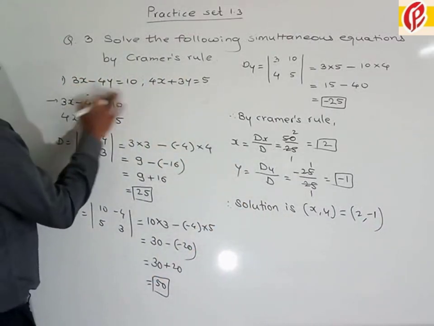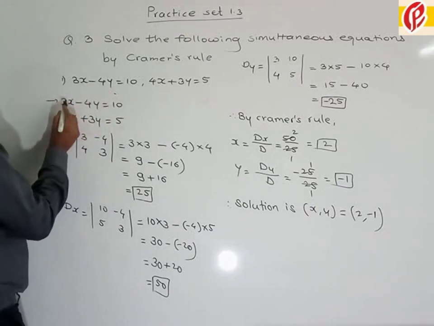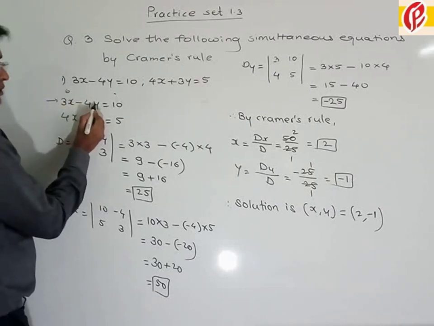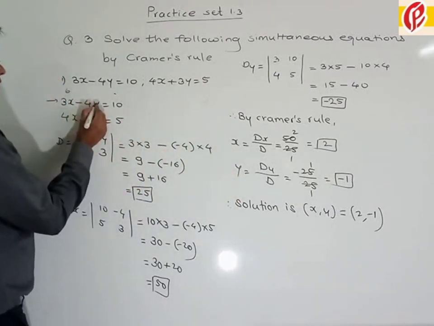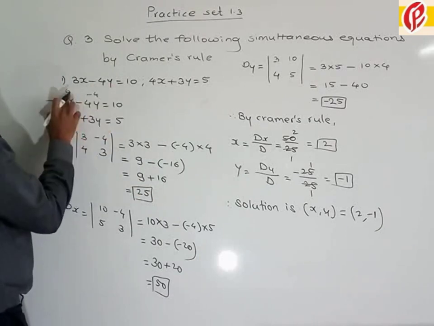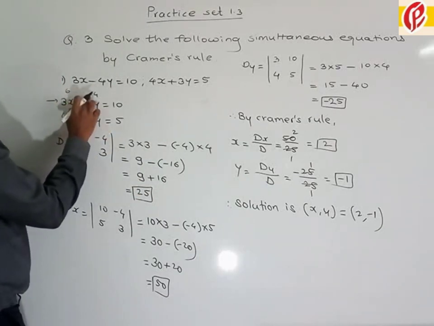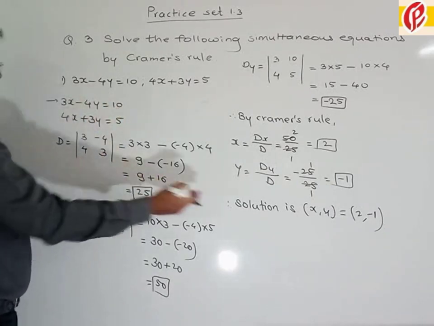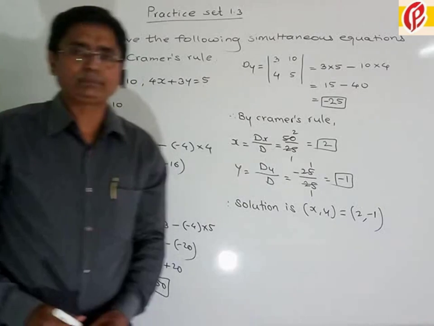So see here. What is the value of x? 2. So 3 2s are 6. Then 4 into, what is the value of y? Minus 1. 4 into minus 1, minus 4. So 6 plus 4 is equal to 10. So our answer is correct.